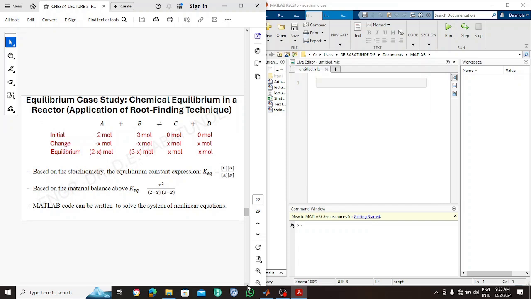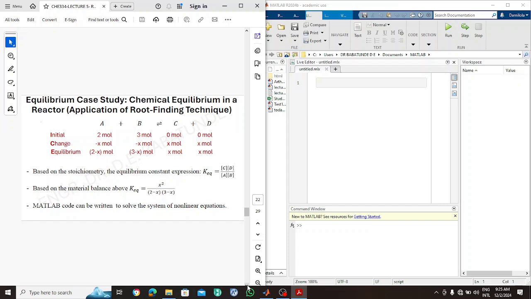But if the stoichiometric coefficient is not 1, 1, 1, then the factor is going to apply. For example, if we have A moles of A now, what we can do, we can say minus AX, right, for A that is depleting.